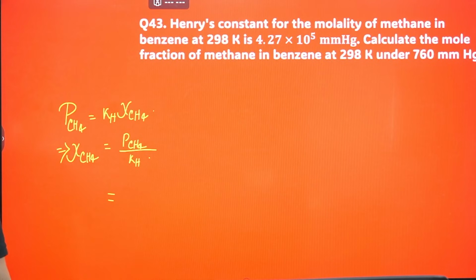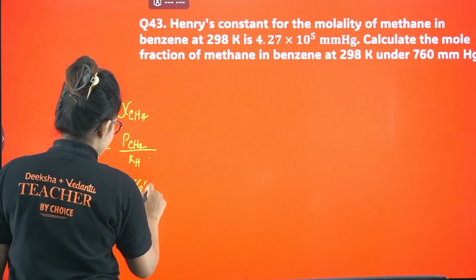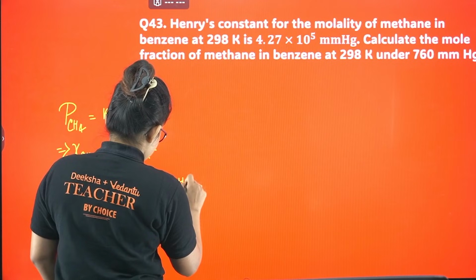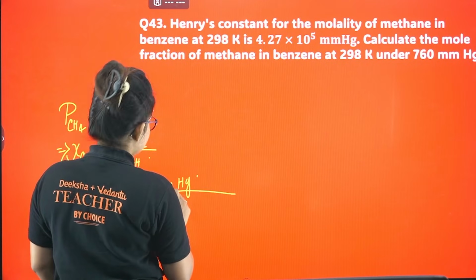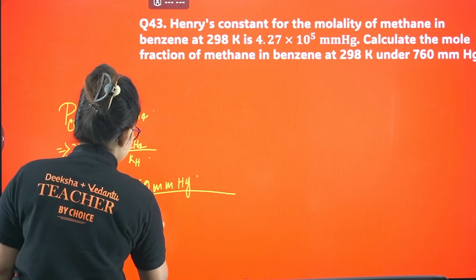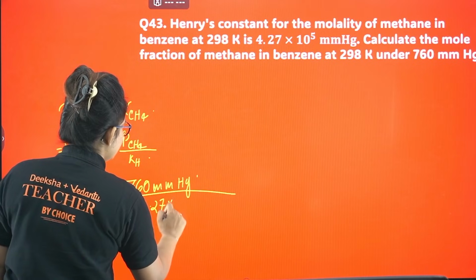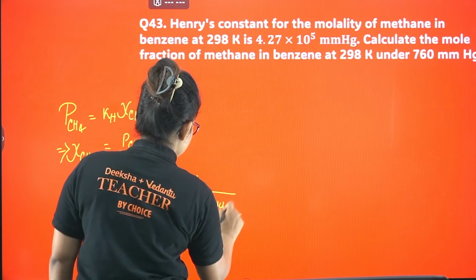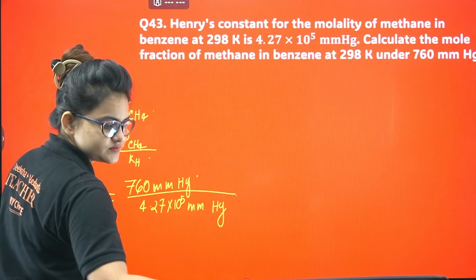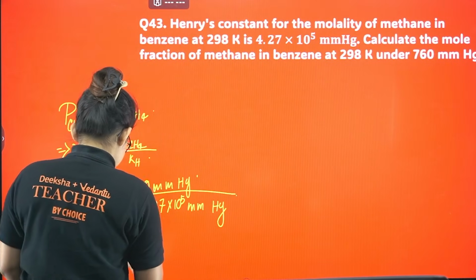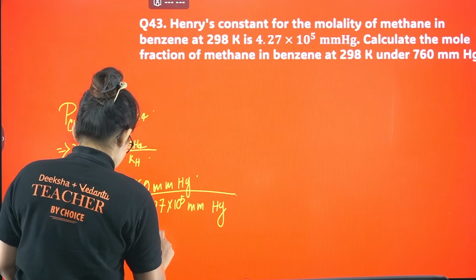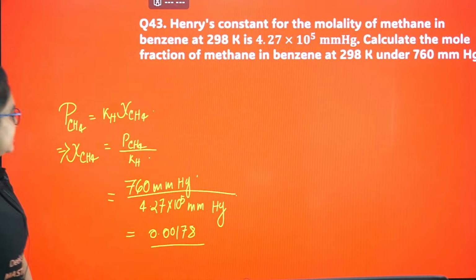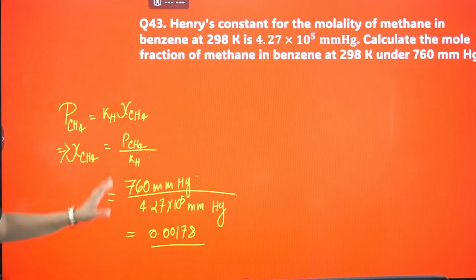Pressure of CH4 is definitely going to be 760 mm of Hg, divided by KH, which here is 4.27 into 10 power 5 mm of Hg. If you calculate this, your answer will come to 0.00178, that is the mole fraction of methane. I guess this is clear to you.